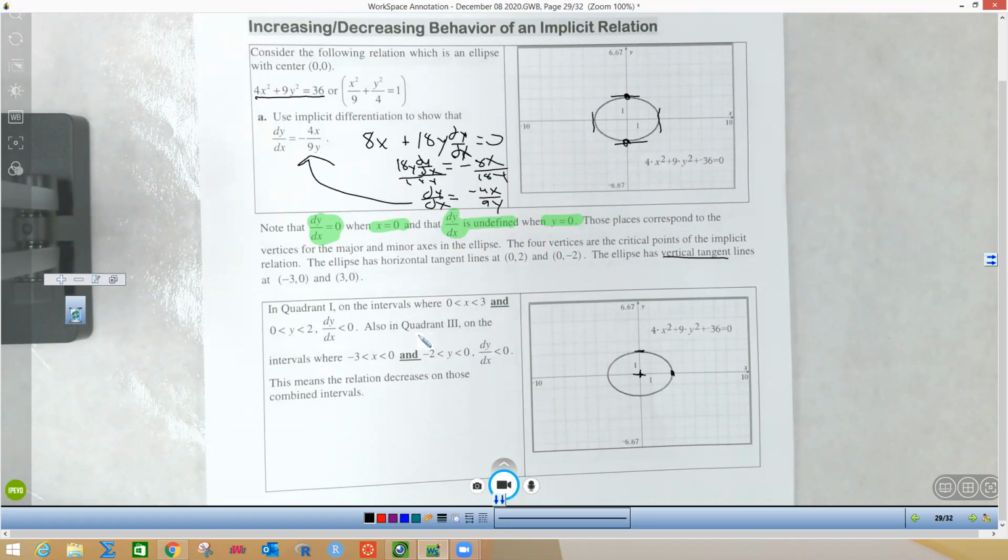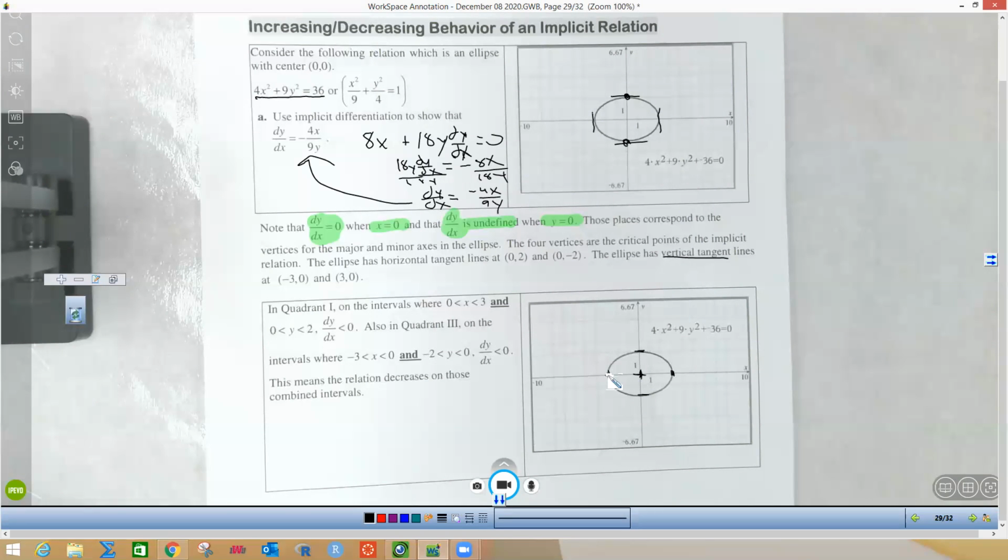Then in quadrant 3, down here, going from here to here, we're decreasing again, so from negative 3 to 0, and from negative 2 up to 0, dy/dx is less than 0 again because the function is decreasing.